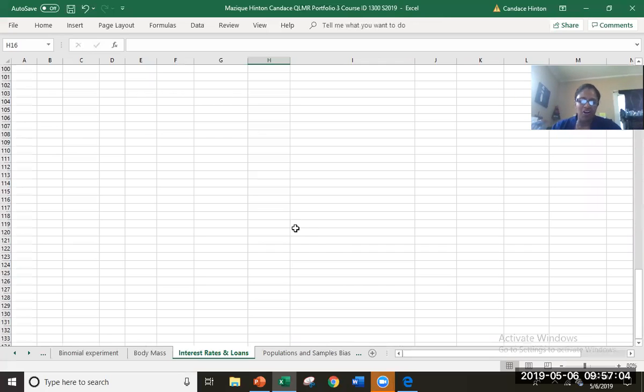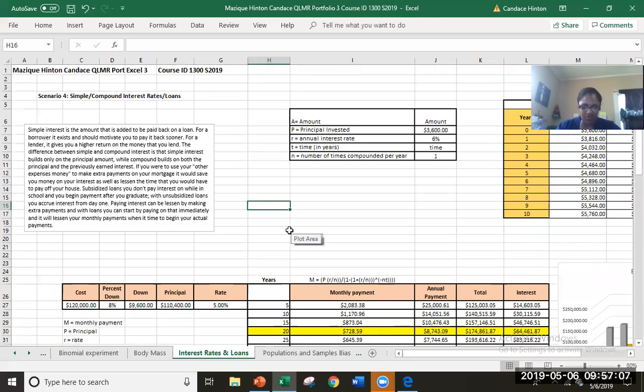Okay, so here we are now to our interest rates and loans. And if you're, as I am, my student loans helped me a great bit, because if it wasn't for my student loans, I would be in a whole lot of other debt as far as household, because I can't seem to do a full-time position as well as a full-time school load and still be able to take care of my household needs.